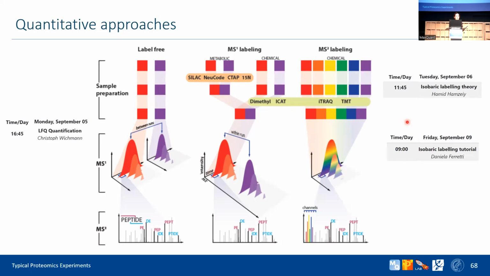An MS1 level label, for example, is SILAC. And the most common MS2 labeling people use is the isobaric labeling techniques, for example TMT, tandem mass tags. For the MS2 labeling techniques, we're going to have two talks, one for theory and one tutorial, on Tuesday and on Friday.